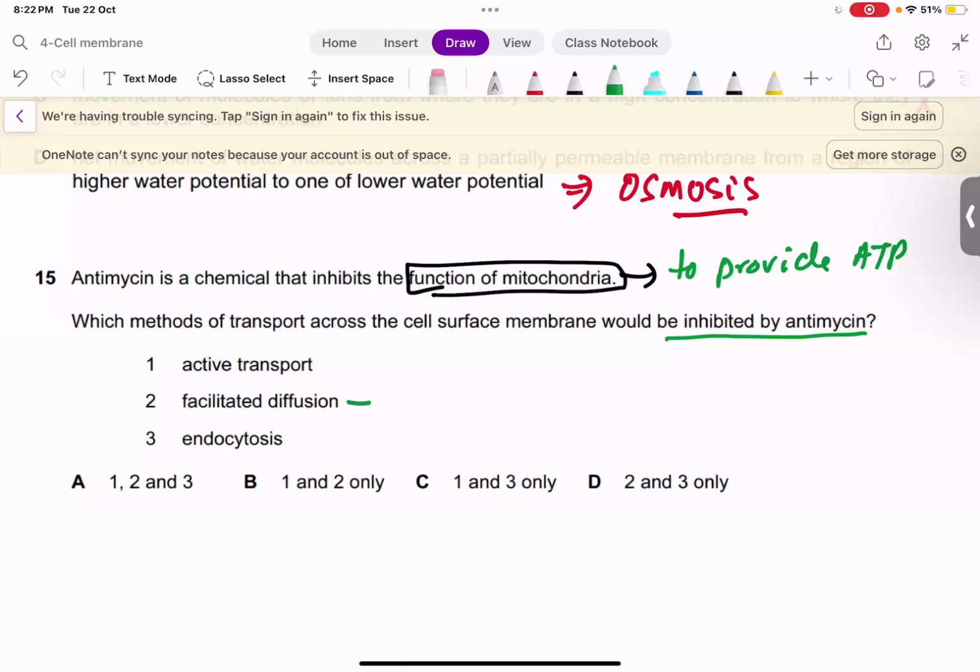Facilitated diffusion doesn't need any ATP. Active transport needs an ATP, and even endocytosis needs an ATP. We'll discuss in the next class how ATP is needed for an endocytosis. So 1 and 3 is a correct choice. So C is a correct choice in this case.